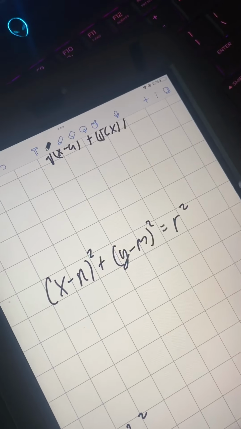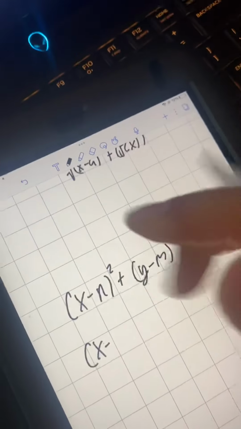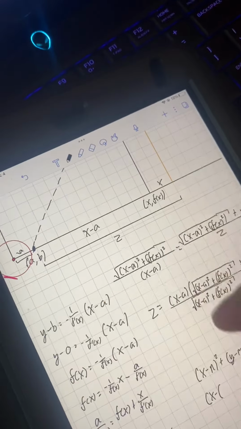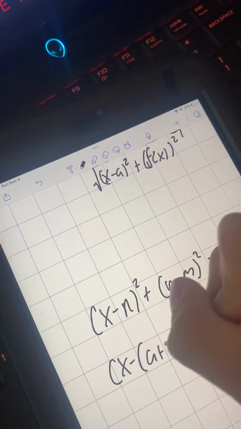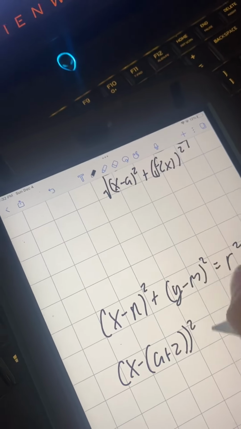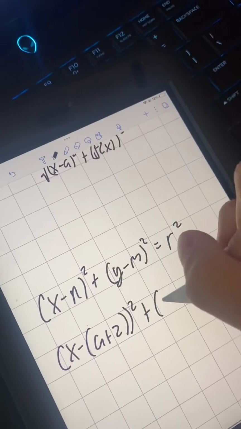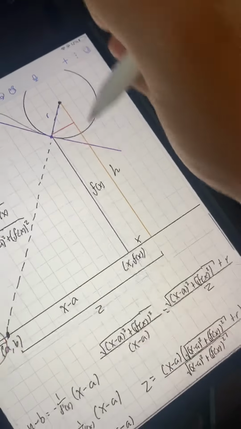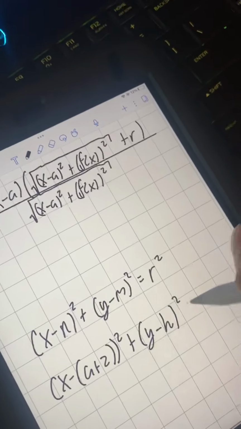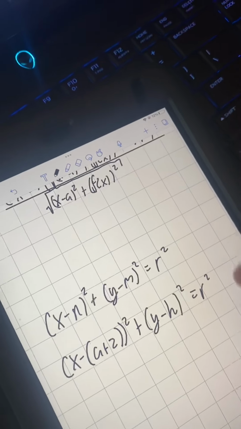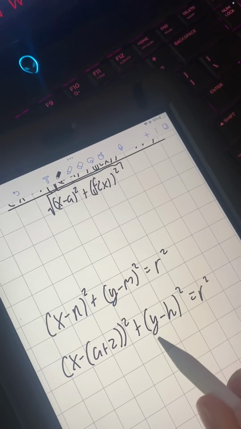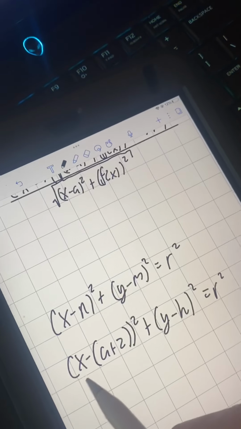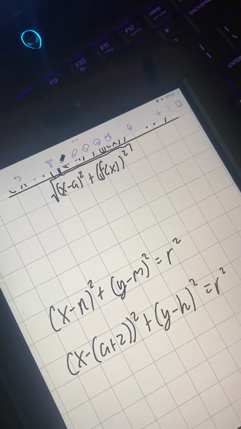So your equation will just be x minus how much you're moving it horizontally, so a plus z, squared, plus y minus h squared, and your h is just your height, and that's all equal to r squared. So this y is a variable that stays like that in your equation. This x is a variable that stays like that in your equation.